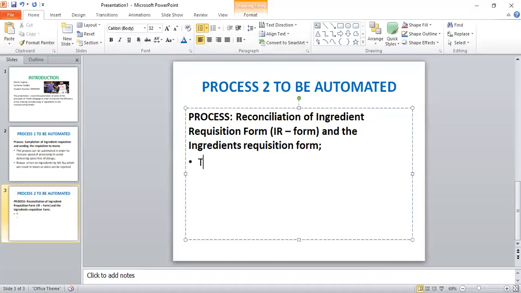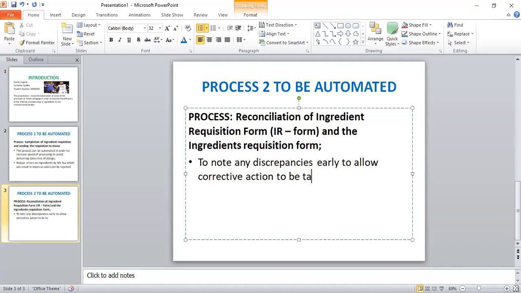You can say, for example, to note any discrepancies early, to allow corrective action to be taken on time.